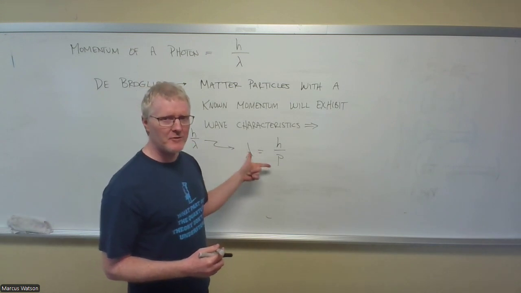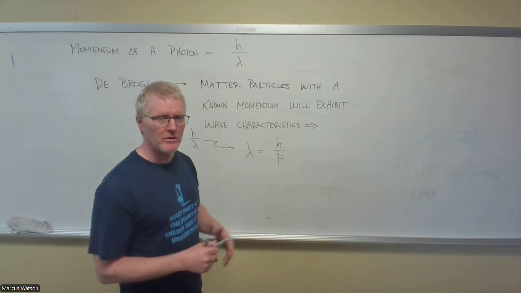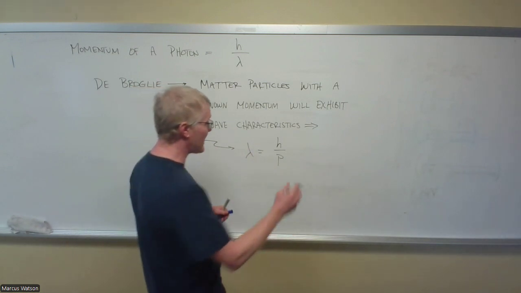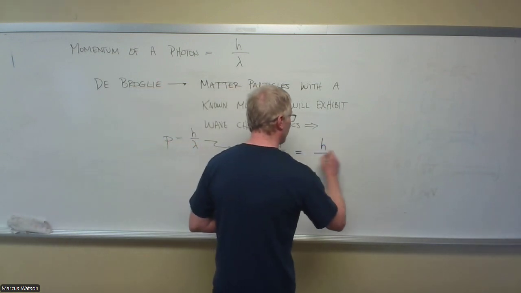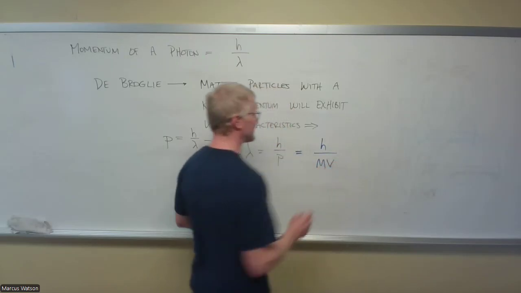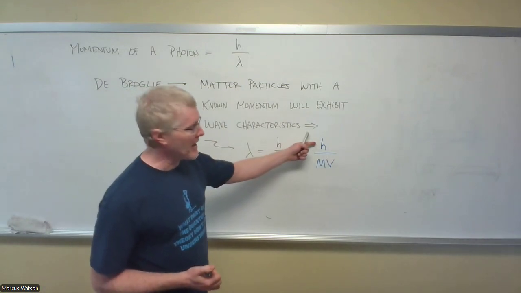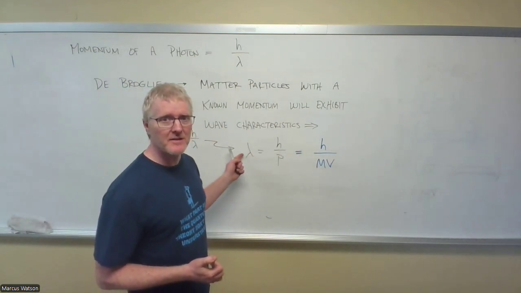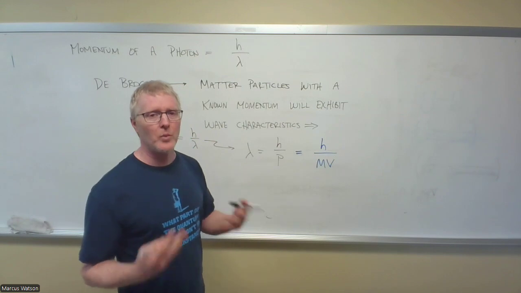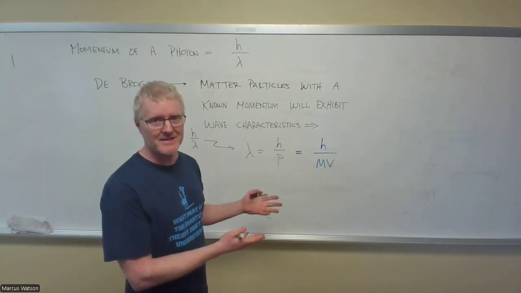So even if you are a material particle, even if your momentum classically is mv, you would then say, well, h divided by that mv is going to tell me what kind of wave characteristics this thing has.